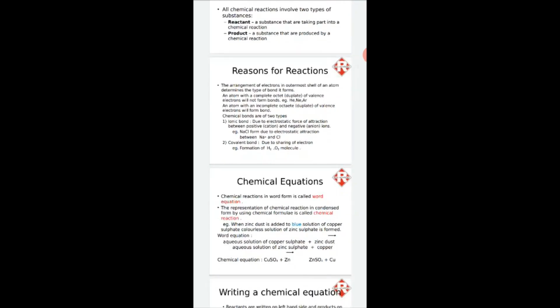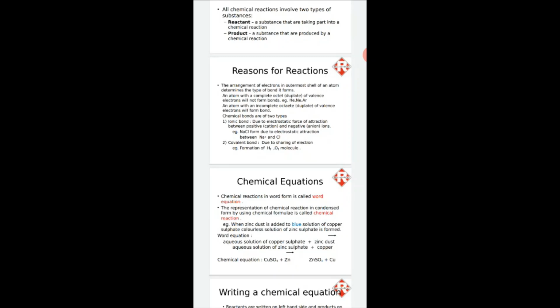Now next is the reason for reactions. Why do reactions take place? First, the arrangement of electrons in the outermost shell of an atom determines the type of bond it forms. According to how many electrons are present in the outermost orbit, the bonds are formed.